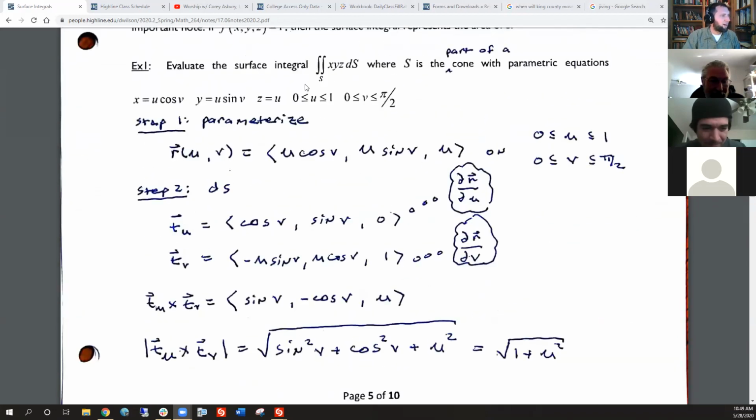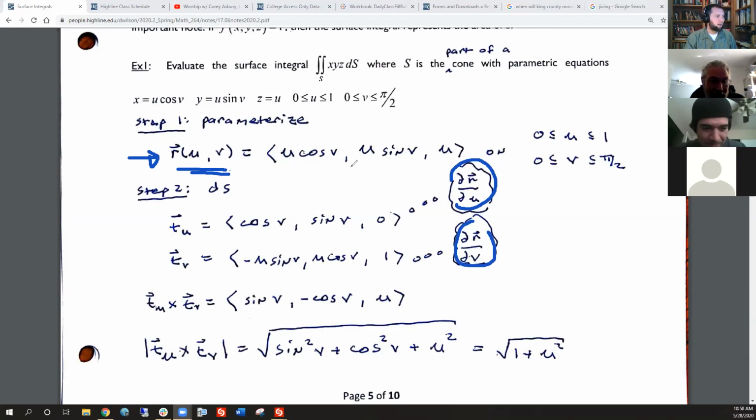So here, just like I predicted, we've got the parameterization is given. In order to find the differential element, we've got to find TU and TV. To do this, remember that TU is just the partial of R with respect to U. And TV is just the partial of R with respect to V. Once we've got them, we find their cross product and we find the magnitude of the cross product.